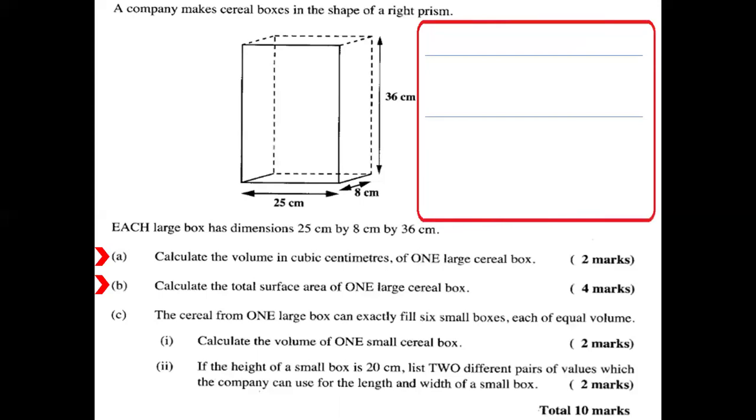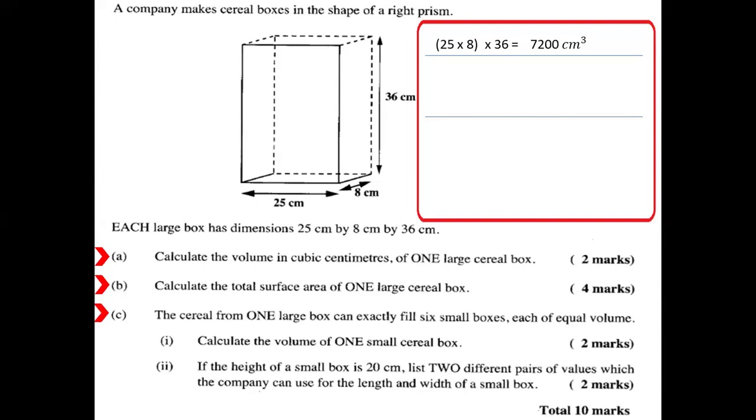The other part of the question, C, says the cereal from one large box can exactly fill 6 small boxes, each of equal volume. So what we have is 25 multiplied by 8 multiplied by 36. We know that that's the volume for the large box.